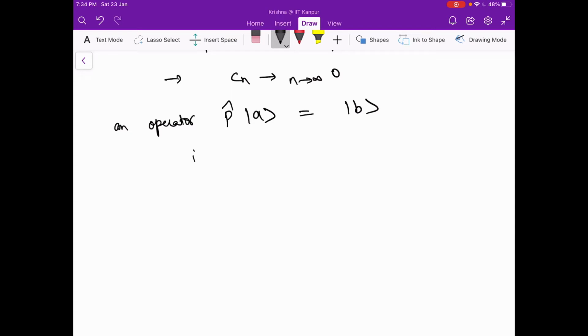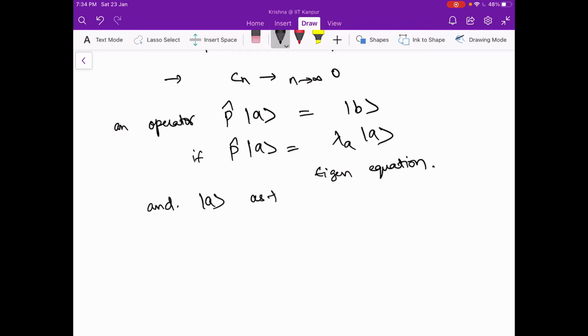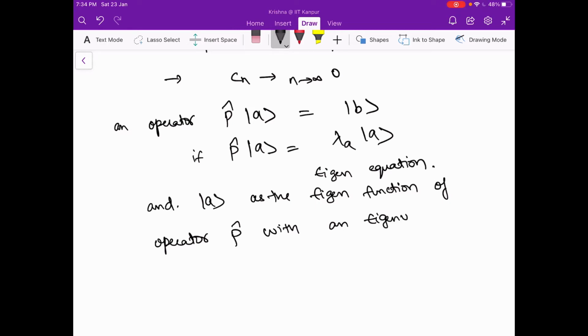And if P acting on A gives A back, we call this an eigen equation, and A the eigenfunction of operator P with an eigenvalue lambda_i.